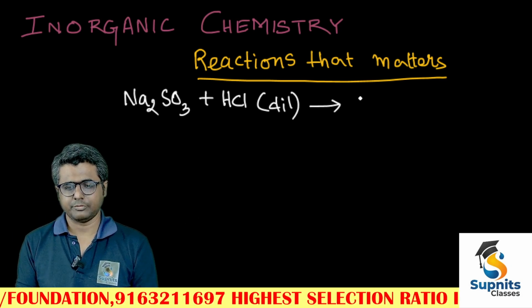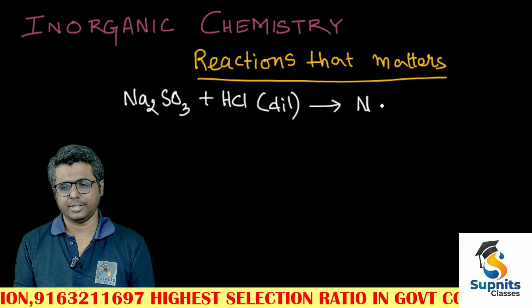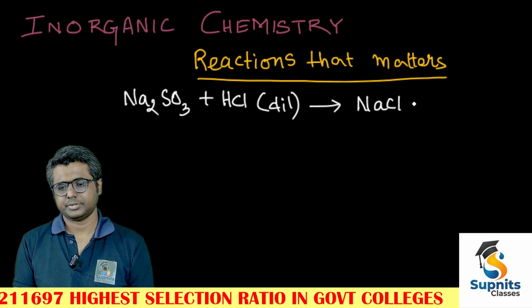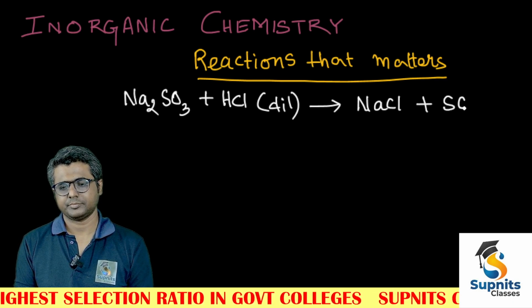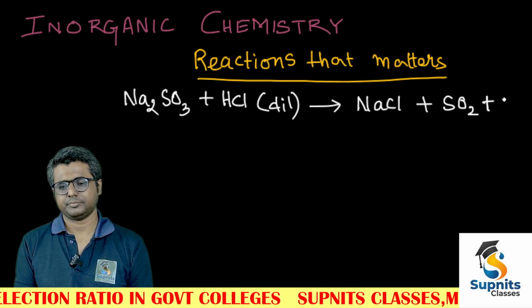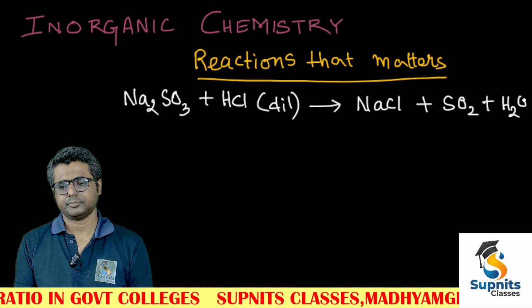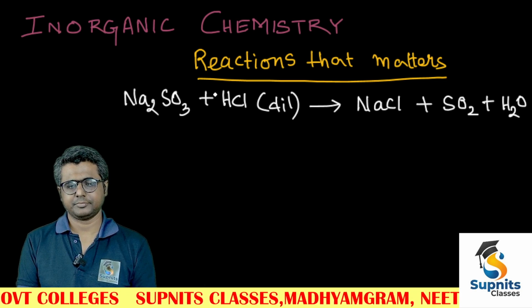So, herein we are going to produce salt, NaCl, sulfur dioxide plus water. You need to balance this.